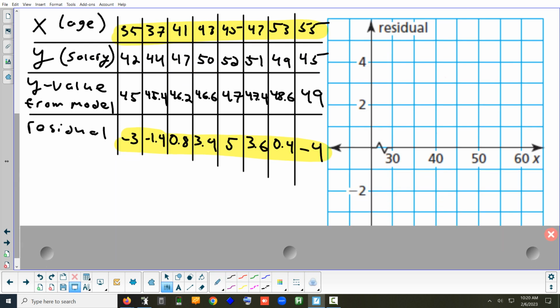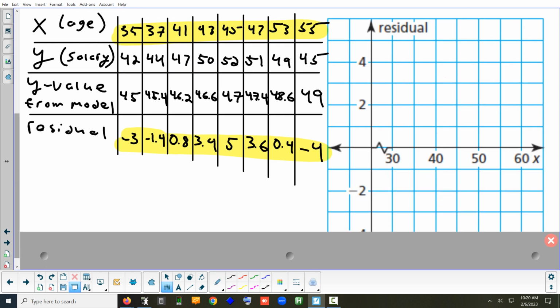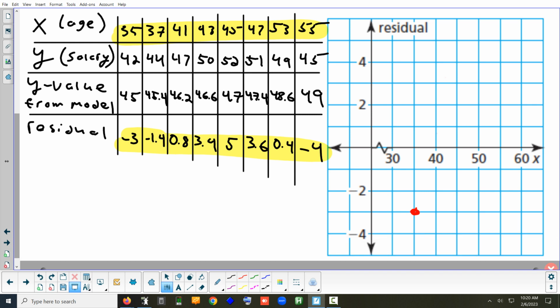Okay, what's the first point that I'm going to graph on my plot for my residuals? Yep. 35, -3. Okay, so 35, -3 to me looks like it's right about there. Looks like it goes by 5s. And they're skipping 0 to 30. That's why they put that little symbol in. Okay, what's the next point?